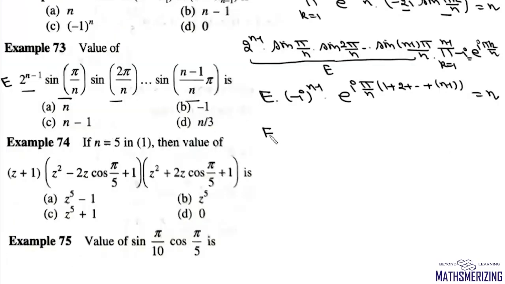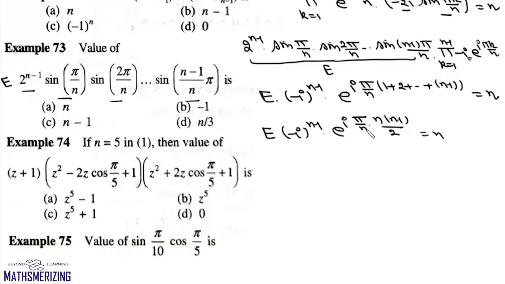Now we can write this as E into (−i)^(n−1), and here will be e^(iπ/n) to the power n(n−1)/2, and it is equal to n. This n and n will cancel, so we'll get this as E into (−i)^(n−1), and then cos((n−1)π/2) + i sin((n−1)π/2), and it is equal to n.